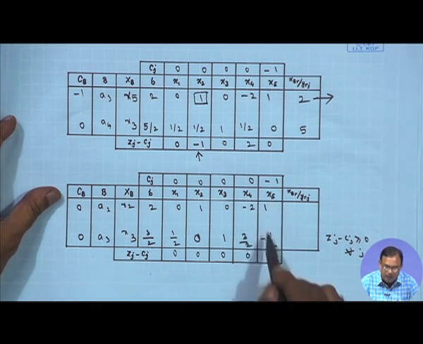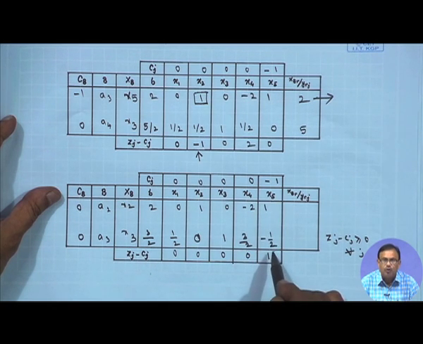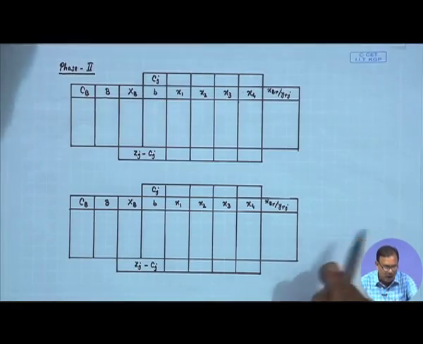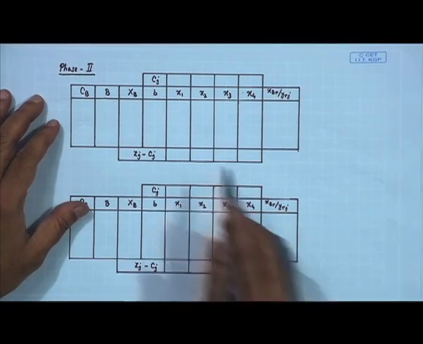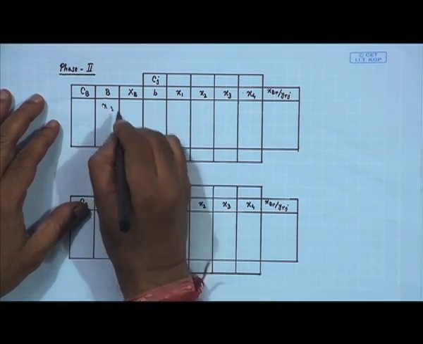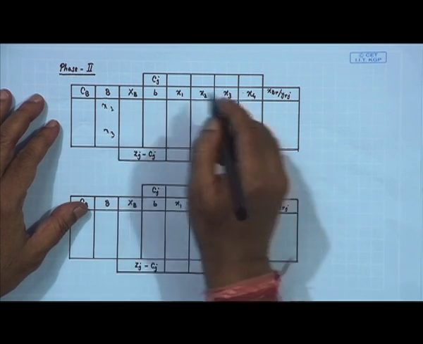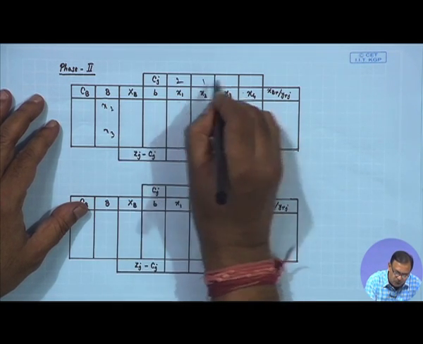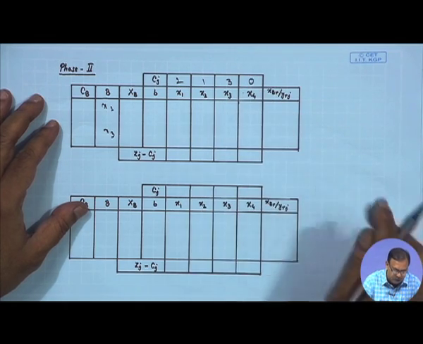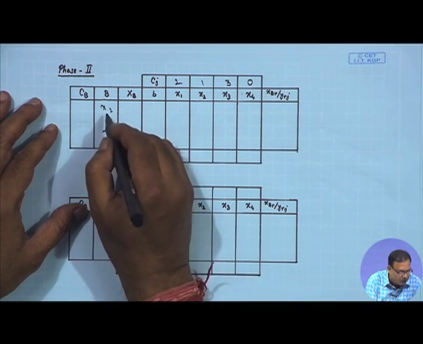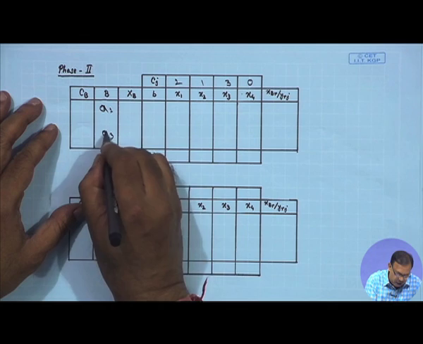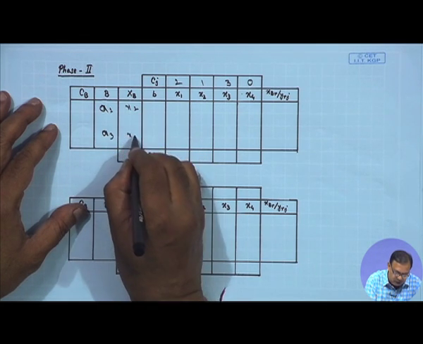Therefore x5 will be removed, this column will be removed, as we have discussed in the algorithm. So that you will obtain your x2 and x3. These values now will be 2 1 3 0. If you see the original problem, sorry, this will be B is A2, A3, this will be x2, x3.